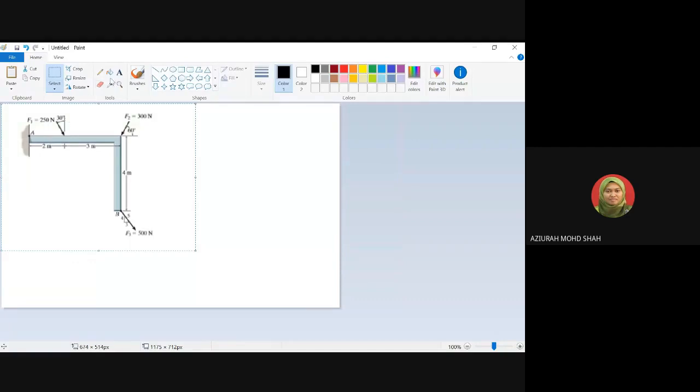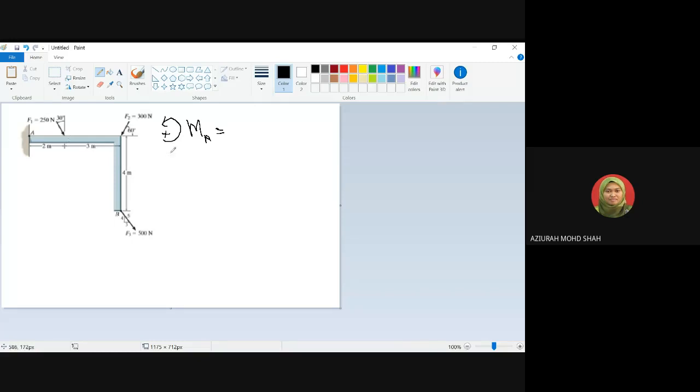If we look at F1, the easiest to use is scalar because it is 2D. For 2D it's easier to use scalar. So we say the moment about point A is equal to, first you have to set the assumption. Let's say we assume counterclockwise is positive. Normally we assume counterclockwise is positive. It means the sense of rotation.